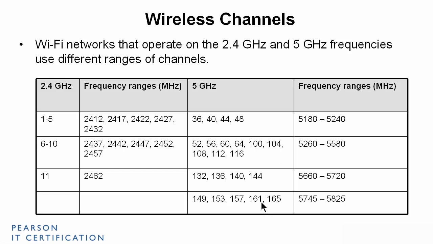And keep in mind, there's gaps every 4 channels. So you'd use 149, 153, 157, 161. And then there's other gaps, you know, between, say, 116 and 132. You can't use any of those channels ever because those are used by government, military applications, that kind of thing. And again, the most common for SOHO routers and wireless access points is this group and this group as far as the channels go.